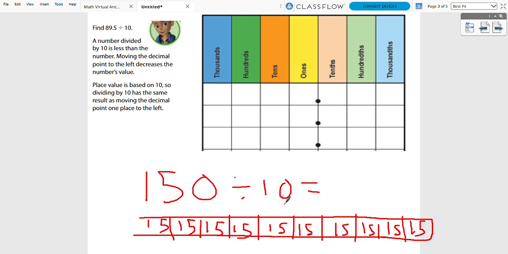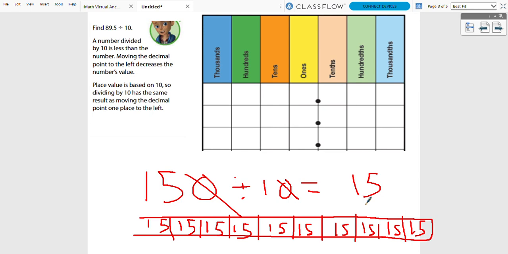Coincidentally, you will see that it's 15, which goes back to the principle we did with multiplication: when you have a power of 10 divided by another power of 10, you can cancel out those zeros. It becomes 15 divided by 1, which is 15. But why does it do that? The answer is that place value in our number system is called a base 10 system.